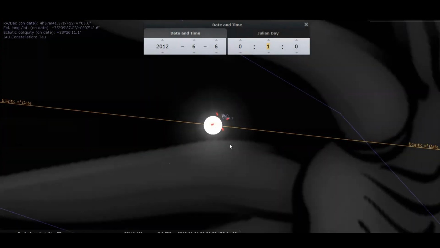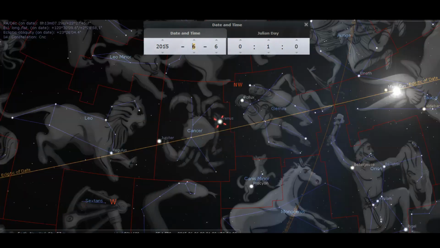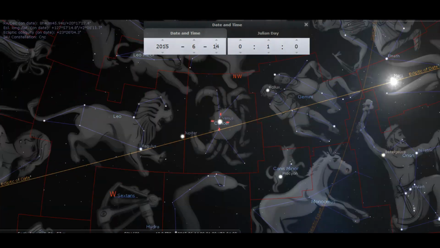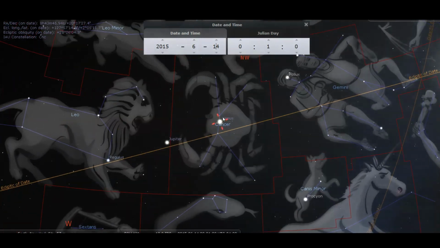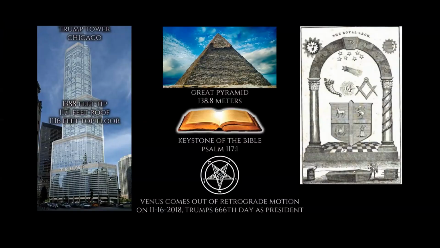And if we track Venus on Donald Trump's 69th birthday, which was 6/14/2015, Venus was in Cancer, the Keystone constellation, same as it was for the 6-9 on top of the Royal Arch.